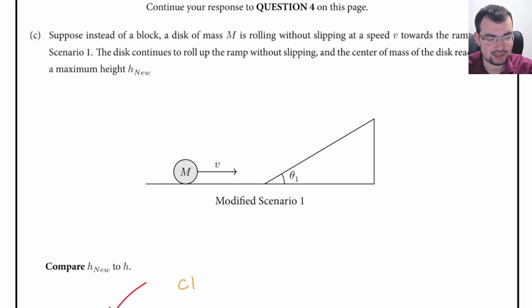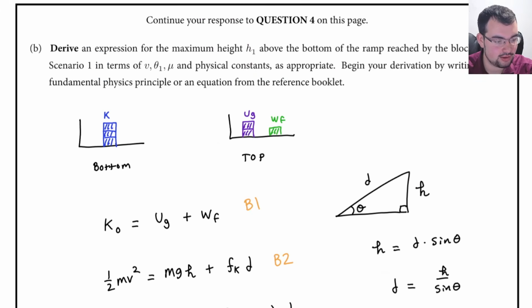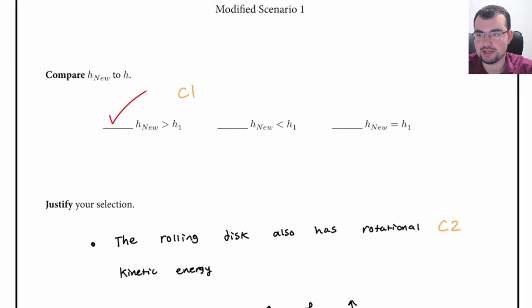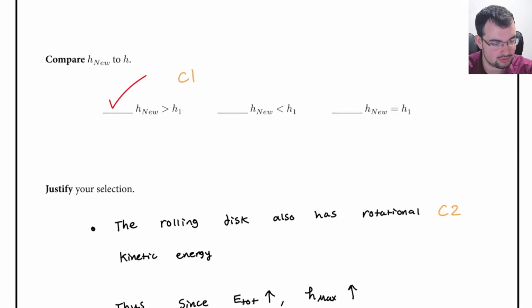So it's going to be slowing down at a lower rate. Or you could say, well, now there's a frictional force acting on the disk, but it's static friction, and static friction does no work. So there's no energy loss due to friction like we have in this bar chart up here. So there's 4 ways of justifying it, which I think makes this a nice item at the end here.